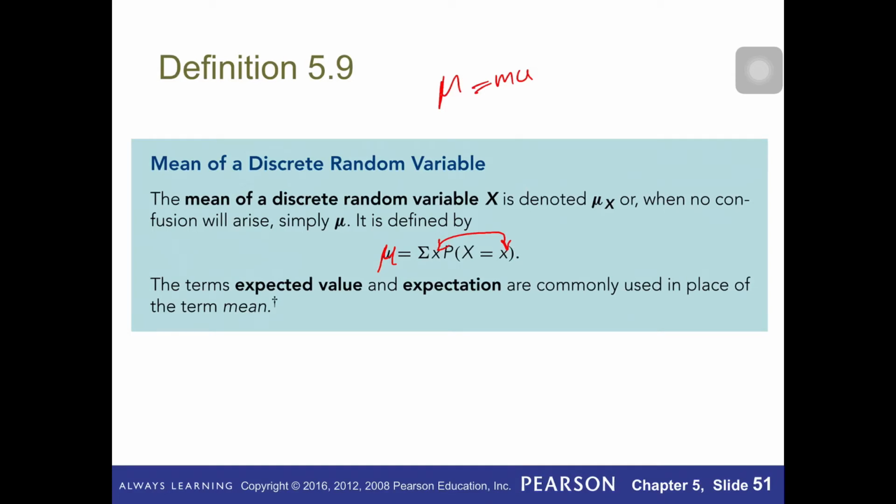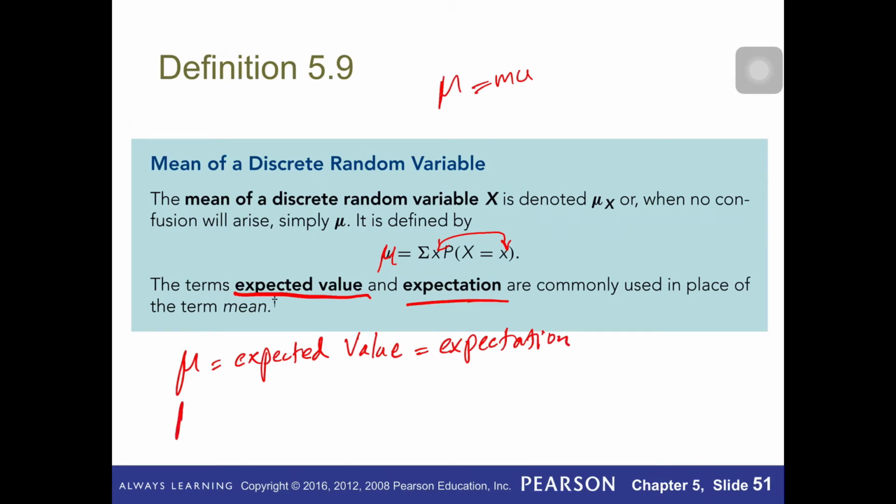We call this term the expected value or expectation. This mu we call the expected value. It's just a name. Those are the two words we use almost always in statistics, but still you can use the term mean of a discrete random variable.